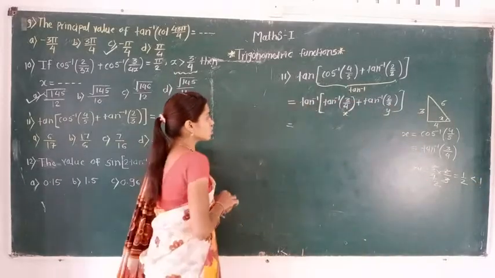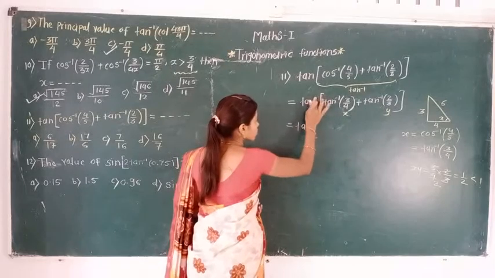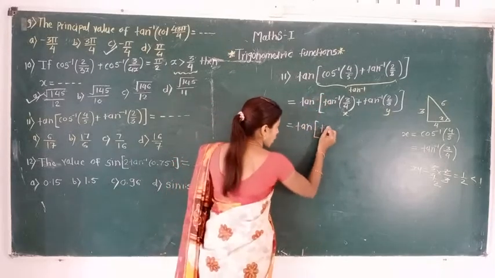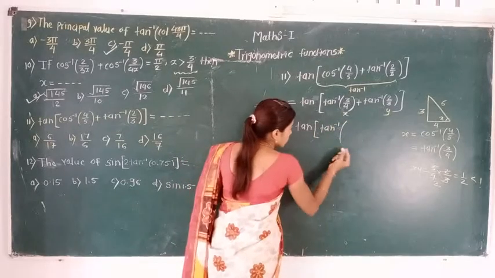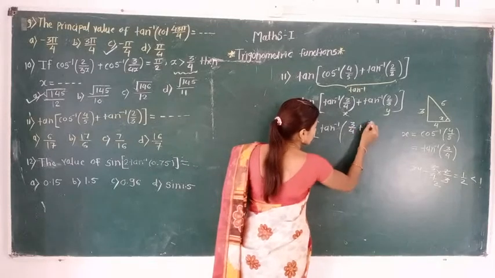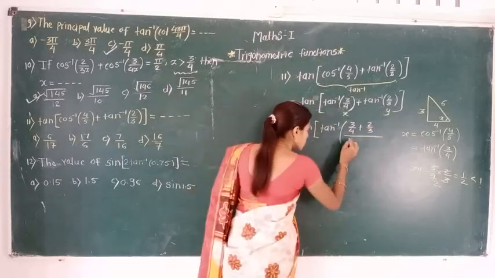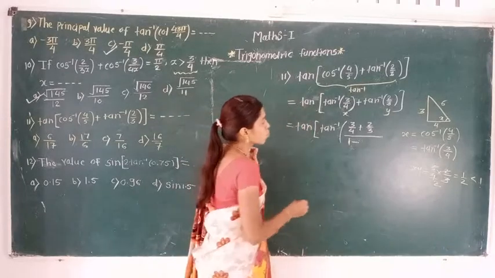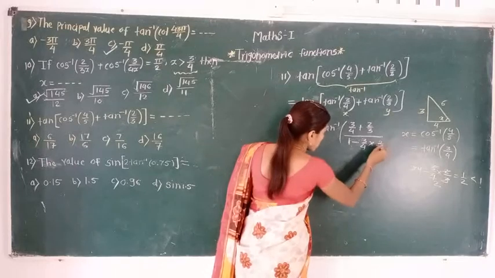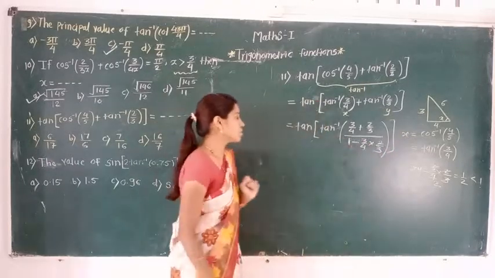Okay, so use the property, here it is tan trigonometry only: tan of in bracket tan inverse of x plus y, where x is 3 by 4, y is 2 by 3, whole term divided by 1 minus x into y, x is 3 by 4, y is 2 by 3. Now first of all simplify this bracket.